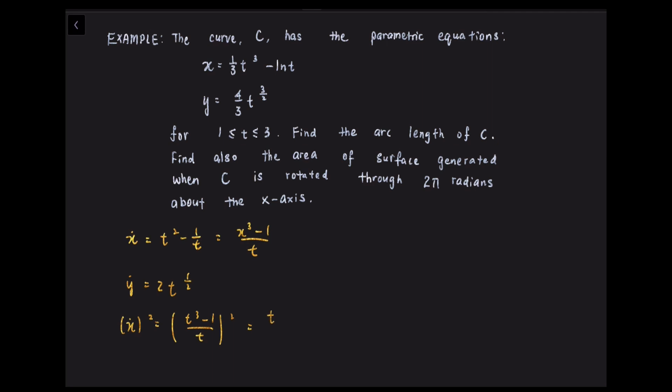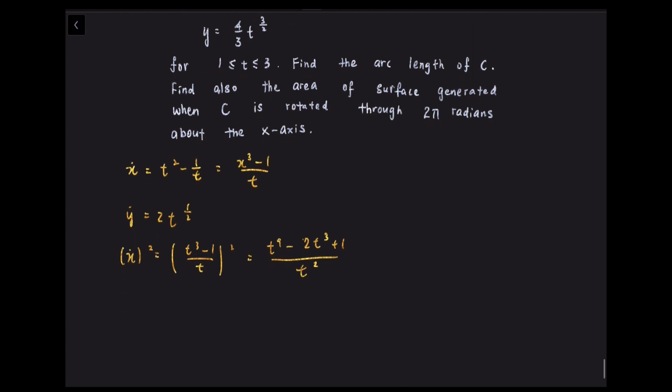Then we compute x dot squared, which is t to the 9 minus 2t cubed plus 1 over t squared, and y dot squared equals 4t.